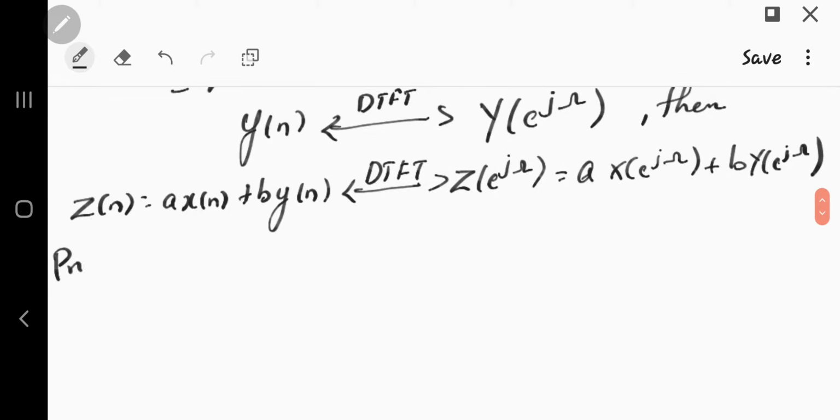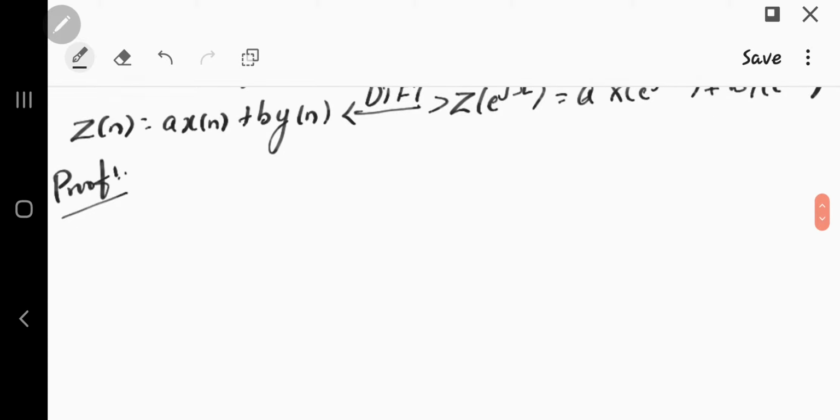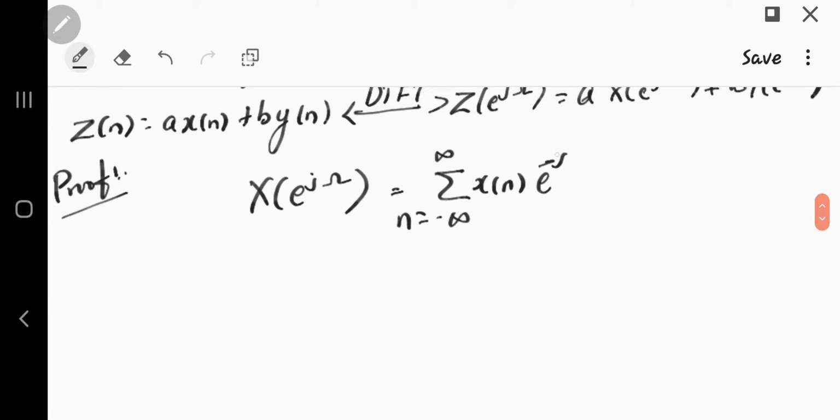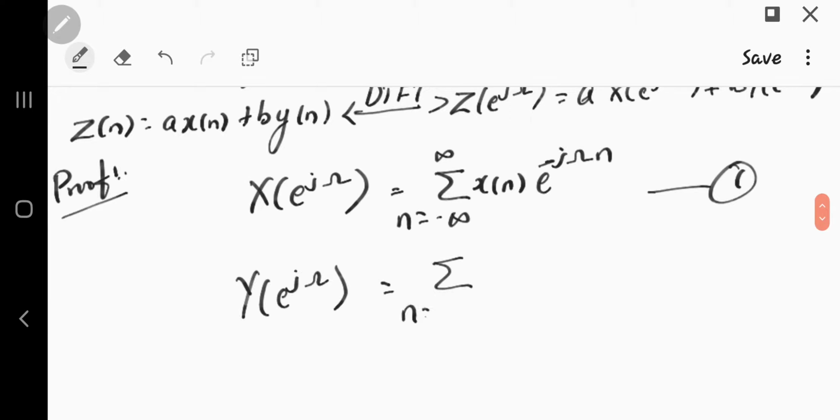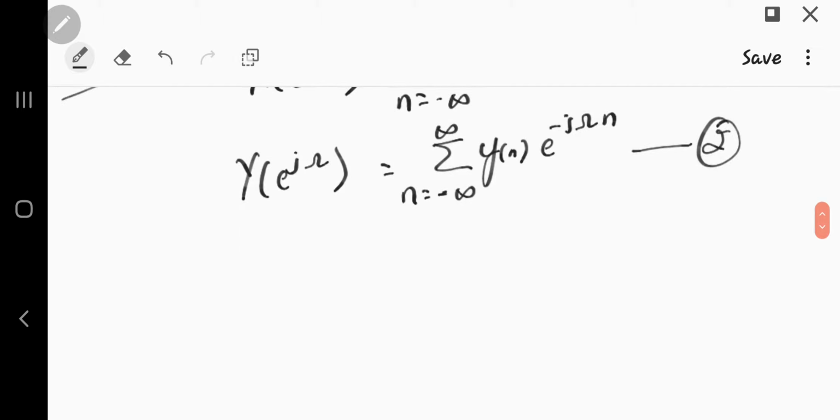Now let's take the proof of it. We have X of e power j omega equal to summation n equals minus infinity to plus infinity of x of n e power minus j omega n. Let's call this equation 1. And we have Y of e power j omega equal to summation n varying from minus infinity to plus infinity of y of n e power minus j omega n.